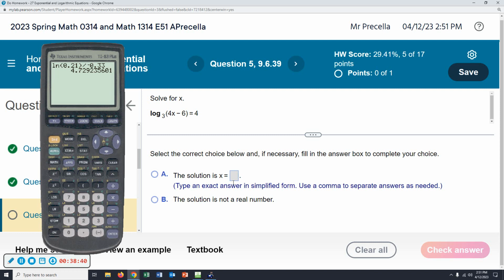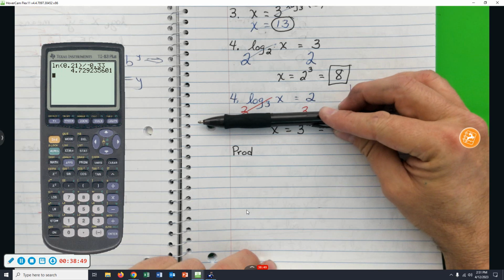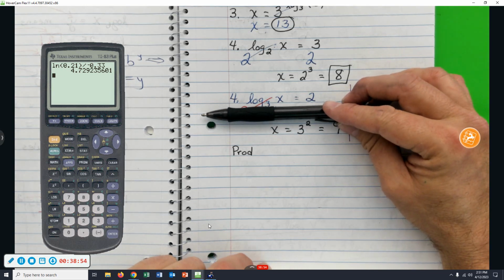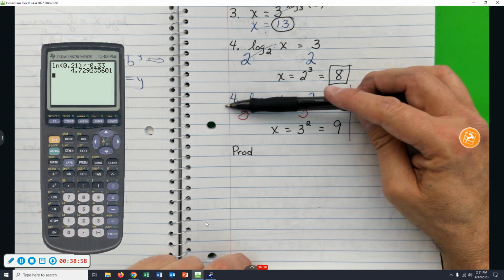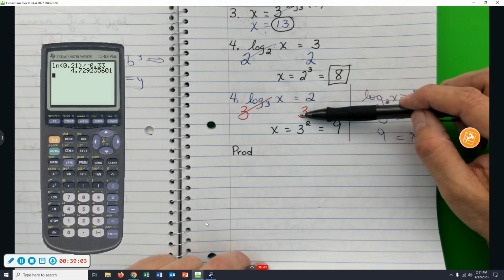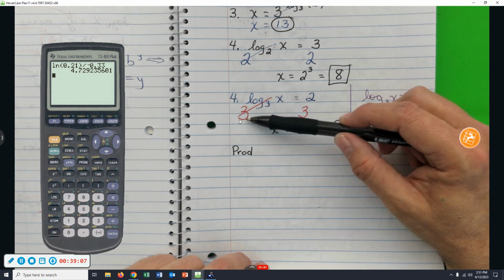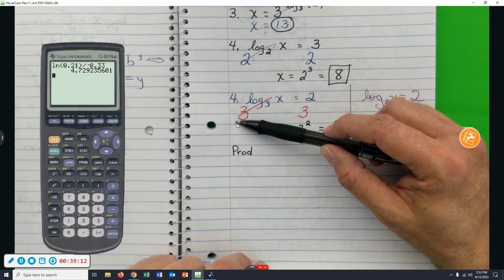Let's look back and review something from the last time. We were solving log base 3 of x equals 2. And I said we could do that by canceling out the logarithm by putting a big 3 on each side and using that common base rule. If the base on the logarithm and the base on the exponent are the same, all of those cancel out.